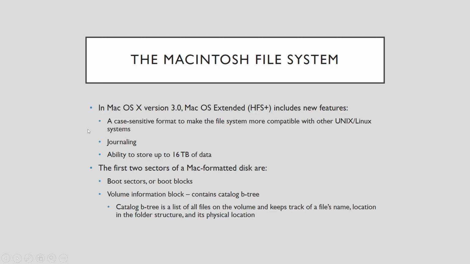We have an optional case-sensitive format to make the file system more compatible with other Unix or Linux systems. Journaling is turned on by default so that data can be recovered from a journal file if a disk or system problem occurs while data is being updated or modified. And lastly is the ability to store up to 16 terabytes of data, which is particularly important for the Mac OS X server version.